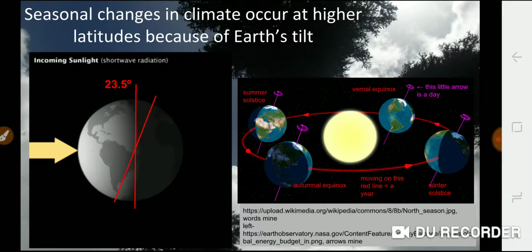Then if we look on the far right at winter solstice, we see that the axis is pointed away from the sun, and in the northern hemisphere more of the Earth is shaded every single day because of this orientation. And at the equinoxes, as their names imply, we have equal day and equal night because the orientation of the axis is neither towards nor away from the sun.